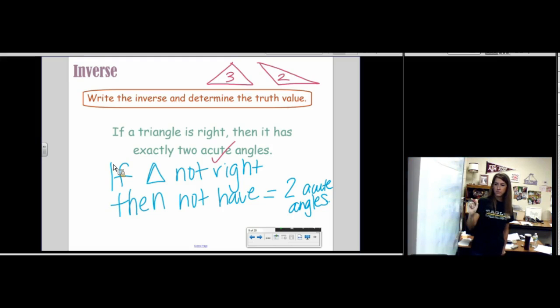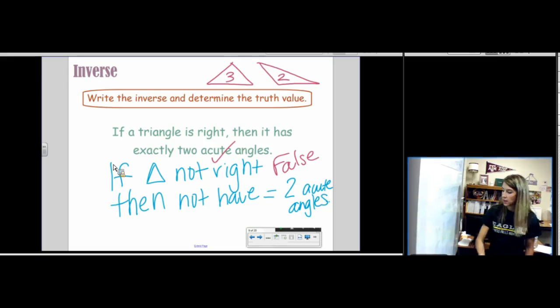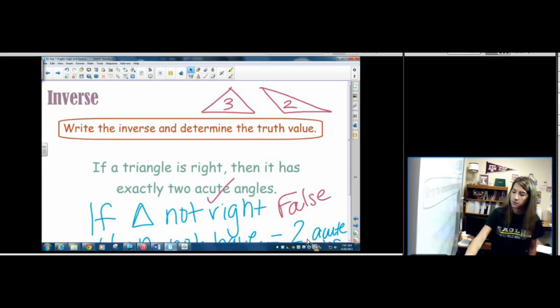So, we found a time when it doesn't, and we found a time when it does. So do I put true or false? Good, you put false. Because if you can find even one time that it's not true, the whole statement is false.